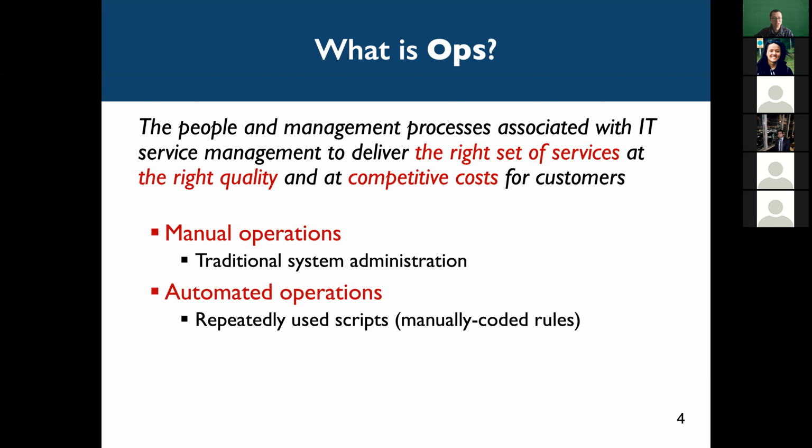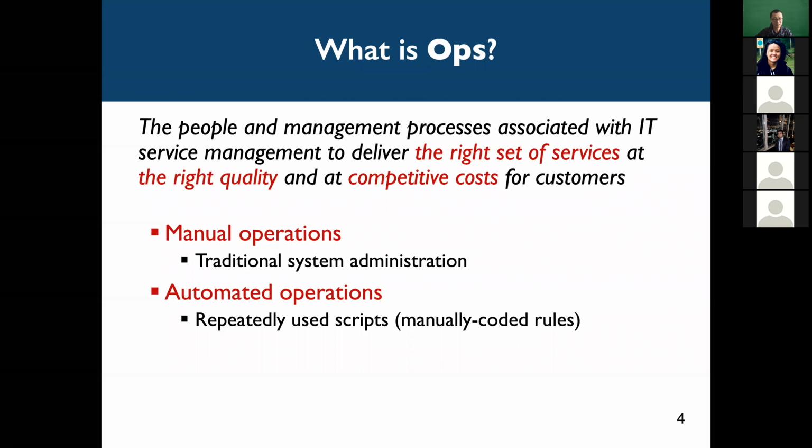So people started to use automated operations. How it works is that people would automate the sequences in the manual operations. For example, traditionally people may just install some software and fix some issues step by step using a manual.